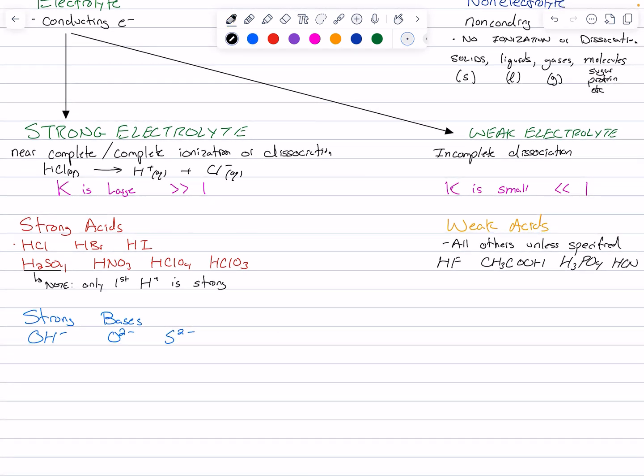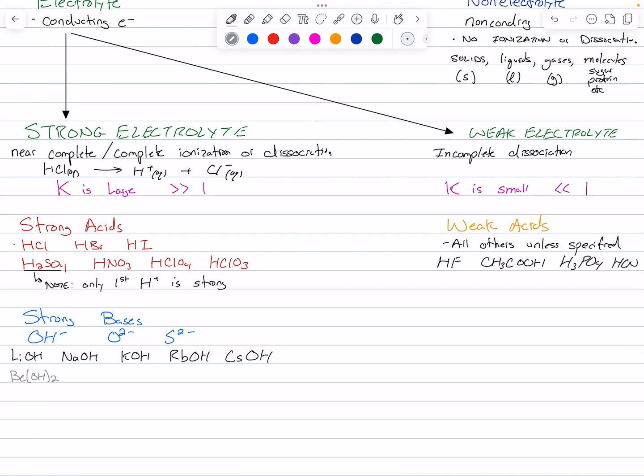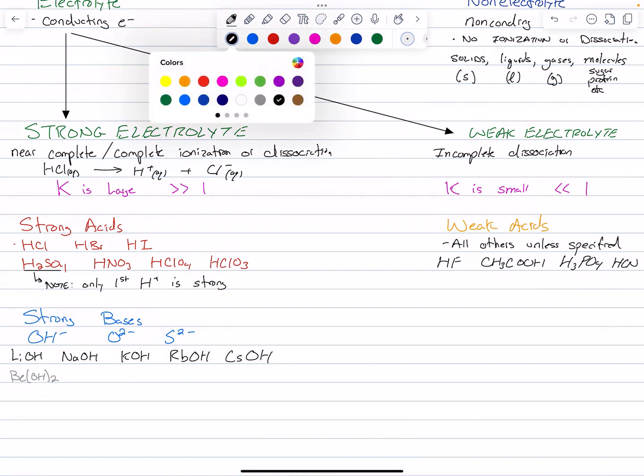So typically, we've had lithium hydroxide, sodium hydroxide, potassium hydroxide, rubidium, and cesium, however you want to say it, hydroxide. All right. One that's not a strong base would be beryllium hydroxide. That's not a strong base, all right?